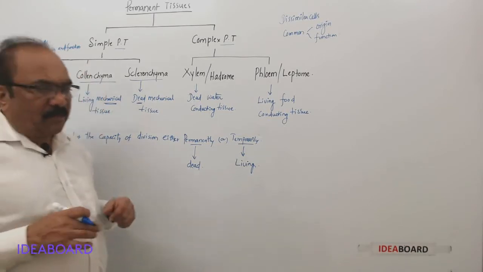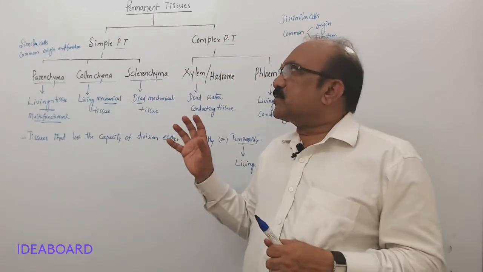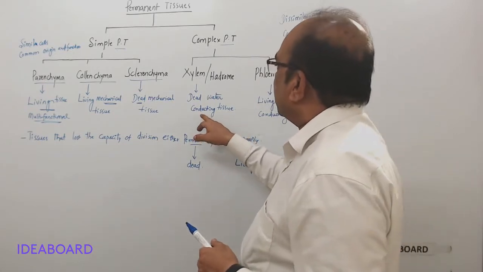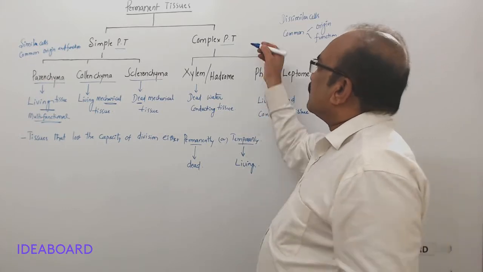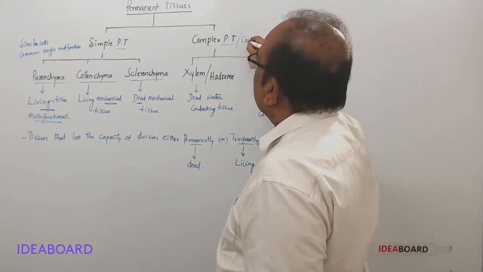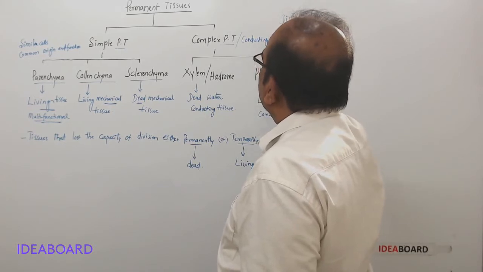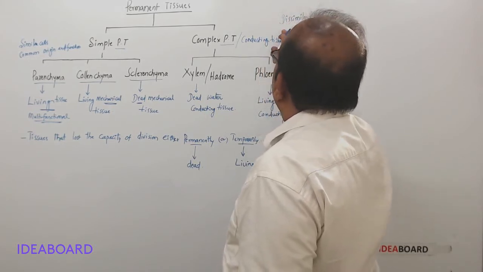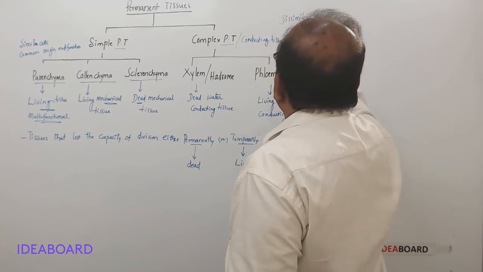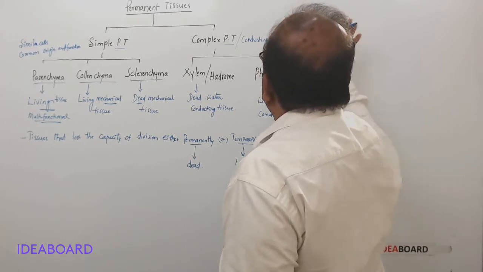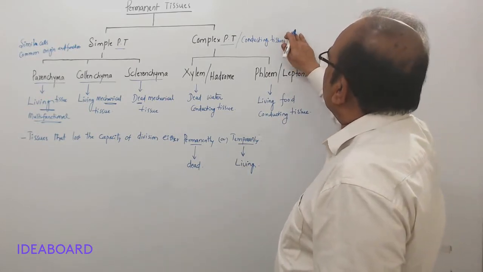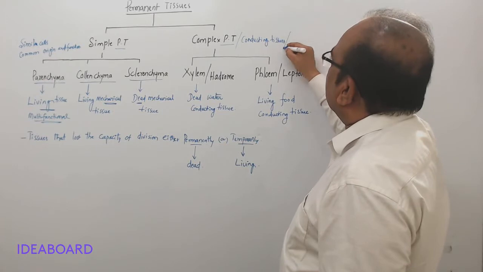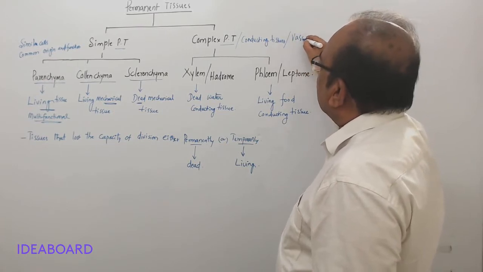Now, when we come to the complex tissues, you can see here they are conducting tissues. I hope you know that for these conducting tissues we generally use one word, vascular tissues.